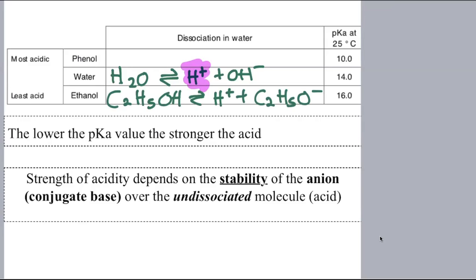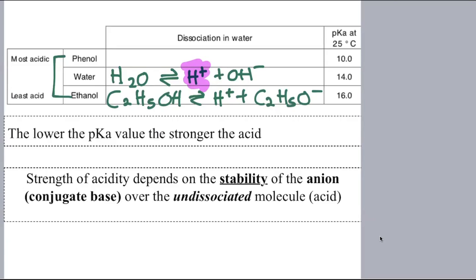The best way to explain the difference in acidity, with phenol being the most acidic and ethanol being the least acidic in this list, is to compare phenol and ethanol, because both of them have an OH that is alcohol-like. So that's one similarity. They're very different because phenol contains a benzene ring, while ethanol contains an alkyl group, an ethyl group.